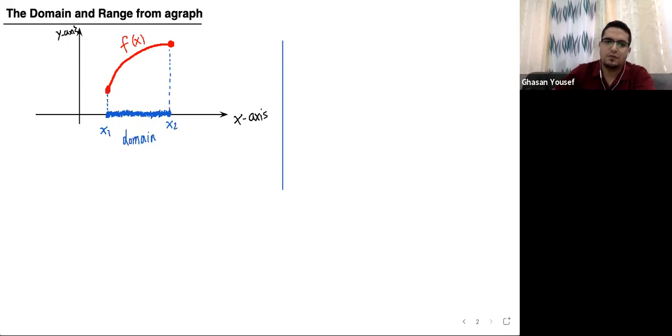Now, for the second thing, the range of this function, all y values that come from the domain. So after we plug in the domain, they give me all these y values. So this is my first point y1, and also this is my y2.